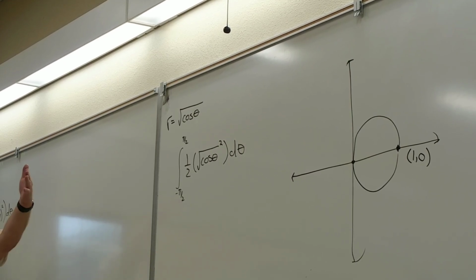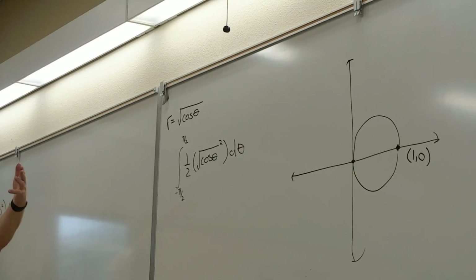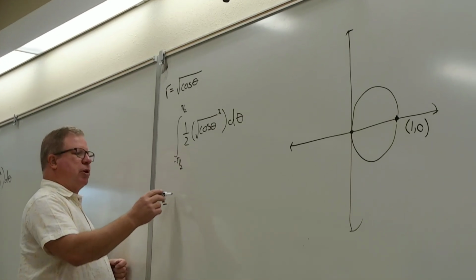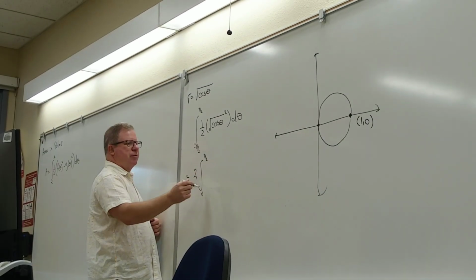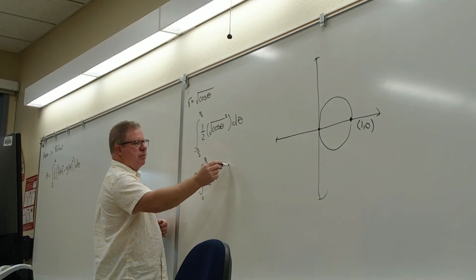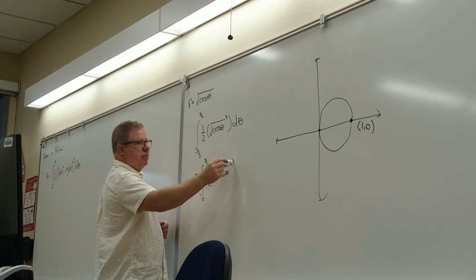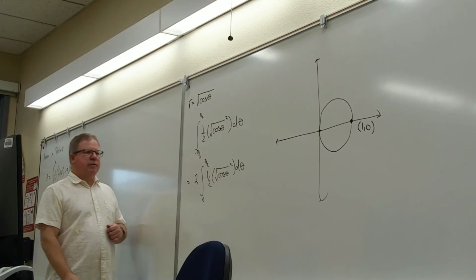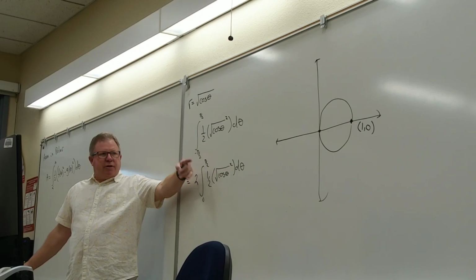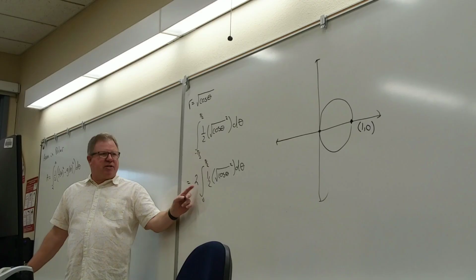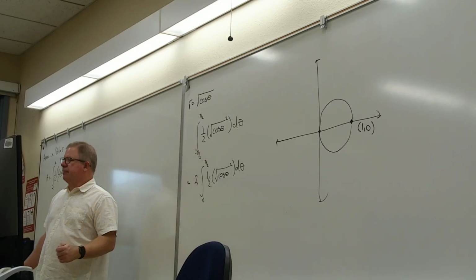Now, do you agree that the top half and the bottom half are identical? Do you agree it's symmetric around the x-axis? So what we can do is multiply by 2 and go from 0 to pi over 2. This will only calculate the area of the top half. Since the bottom is identical, we multiply it by 2, and that gives us the area of everything.